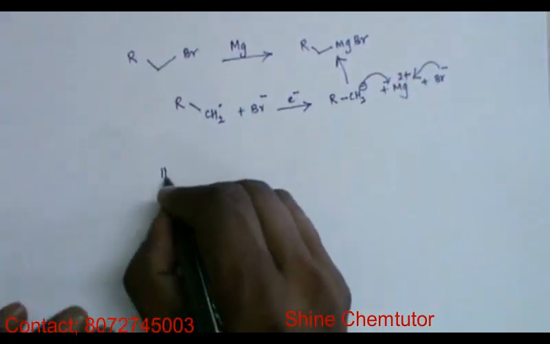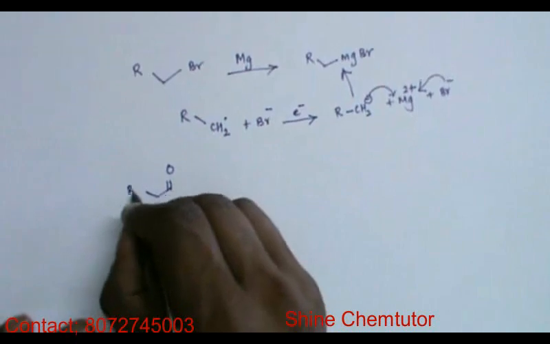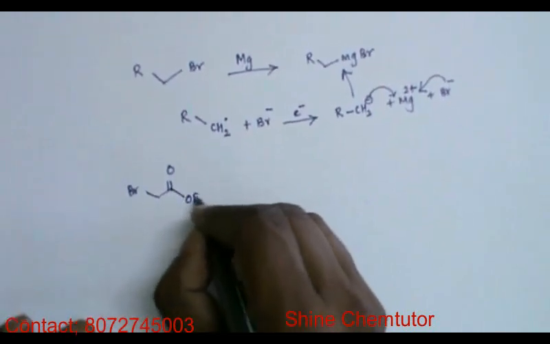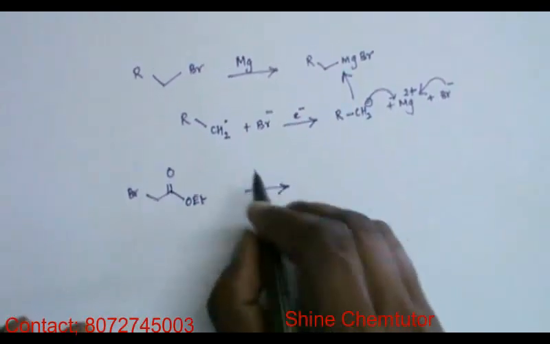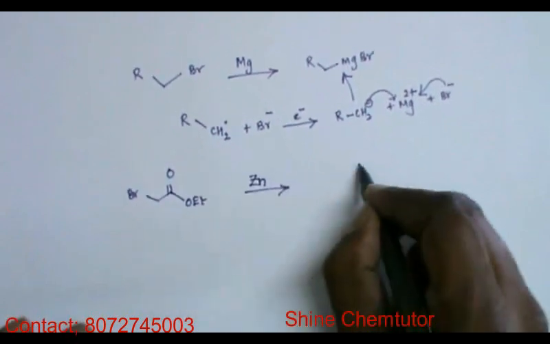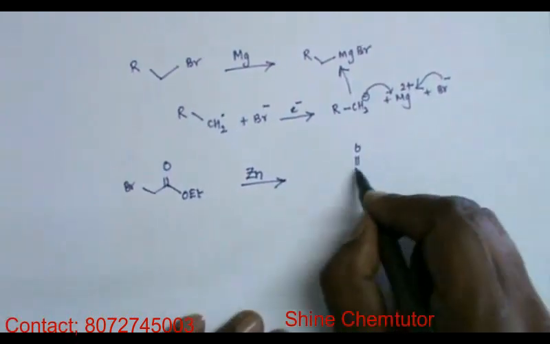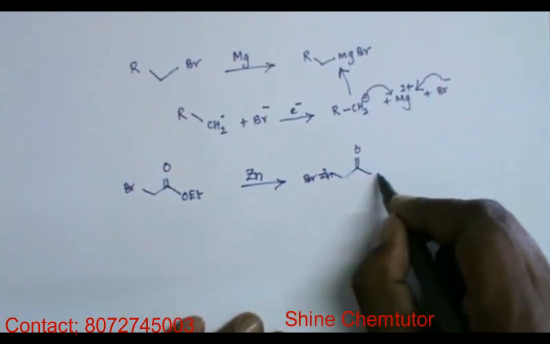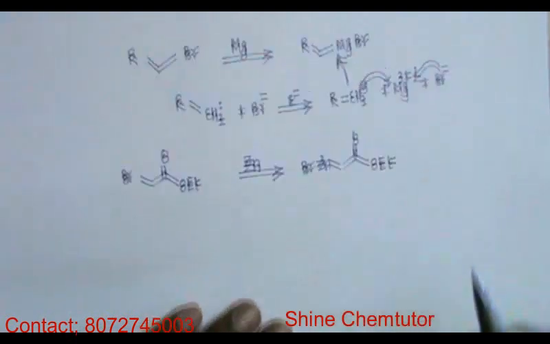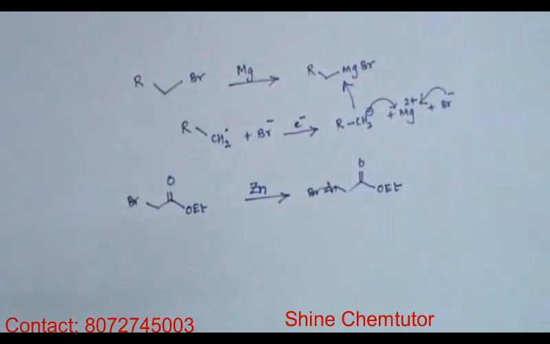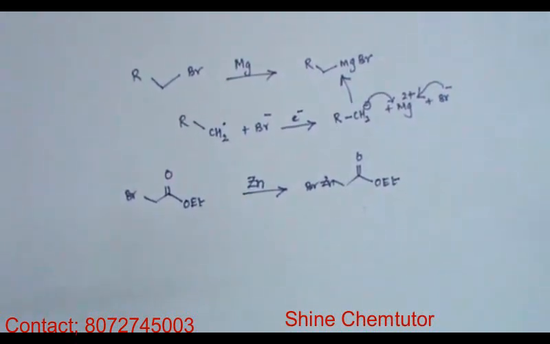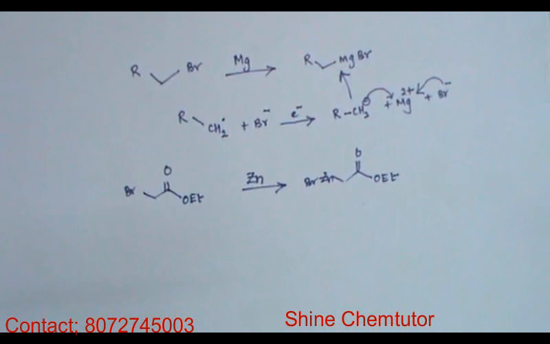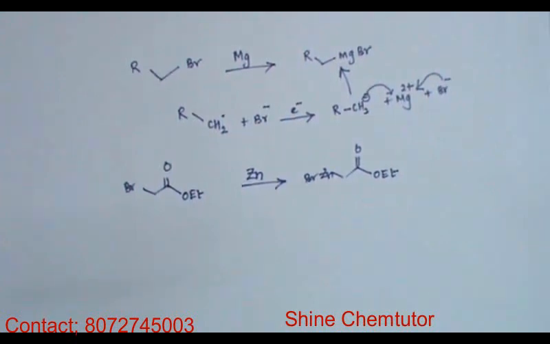Similarly, you can propose mechanism for Reformatsky reaction. If you add zinc to ethyl bromoacetate, then the reaction will take place. Not for simple alkyl halide.